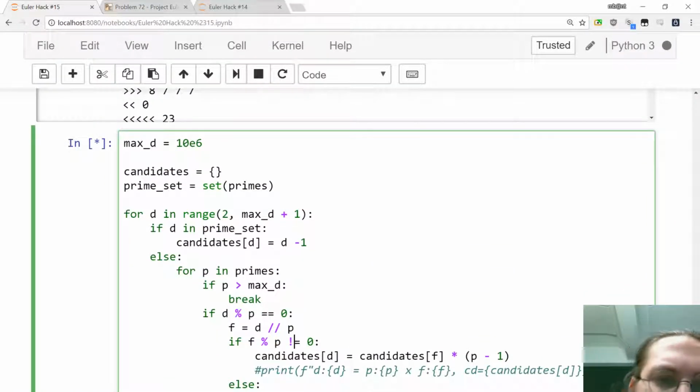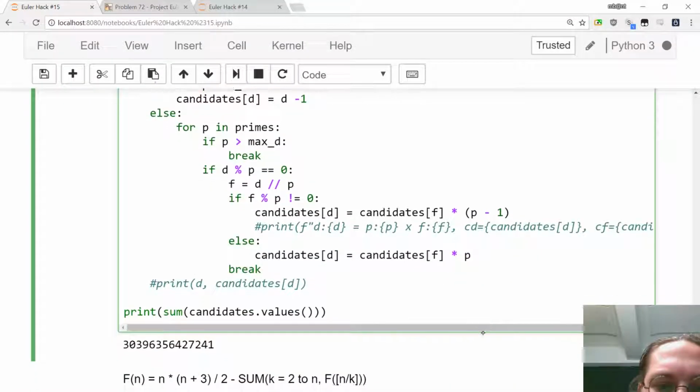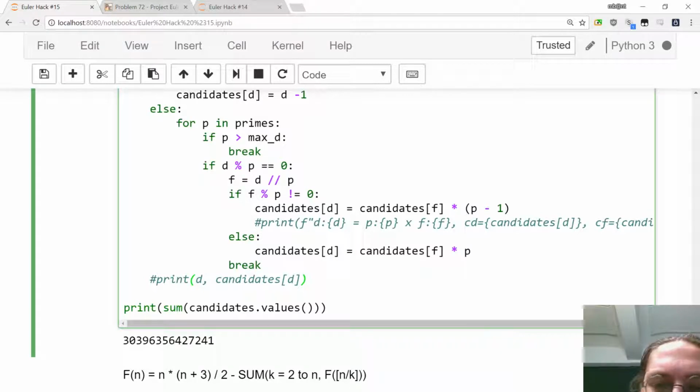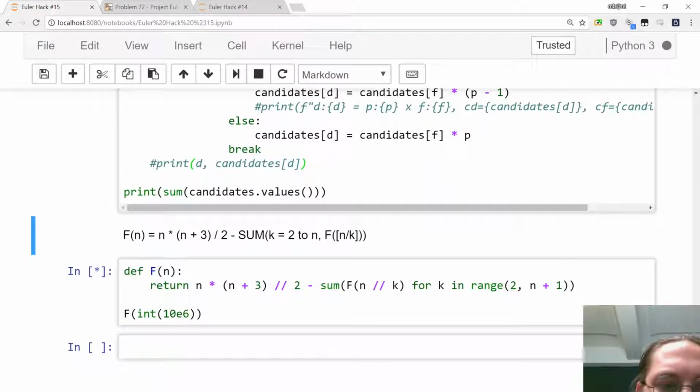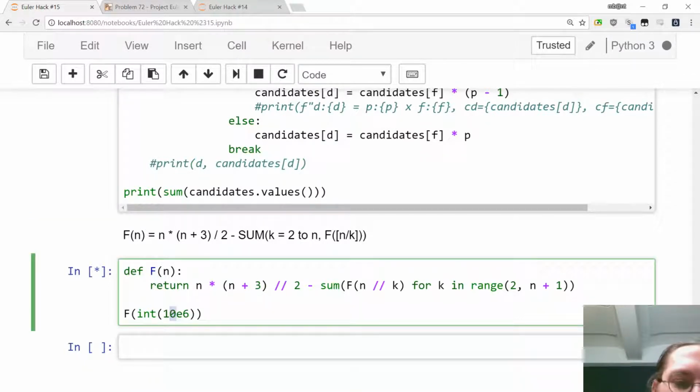Prime set different? Then 1e6 must be wrong. Is it 1 million? Oh god, I'm doing 10 million. No wonder it took longer.